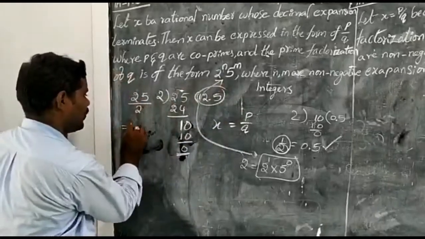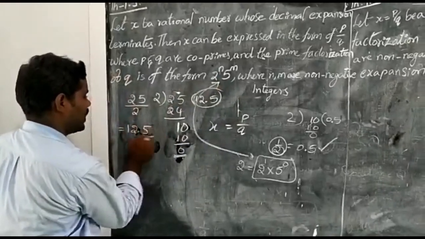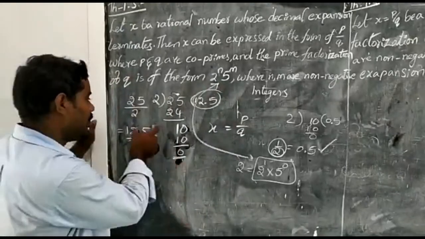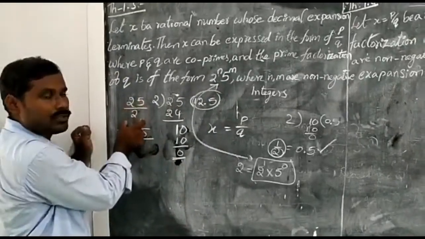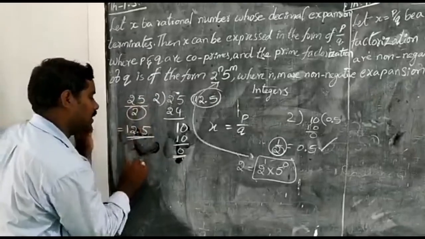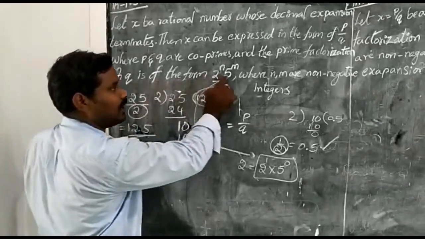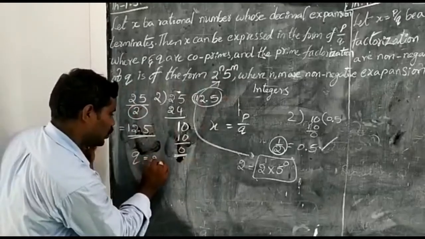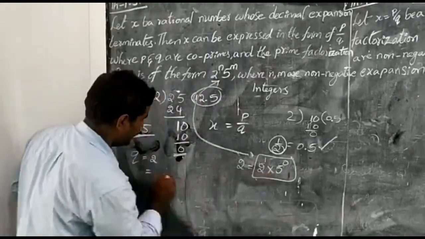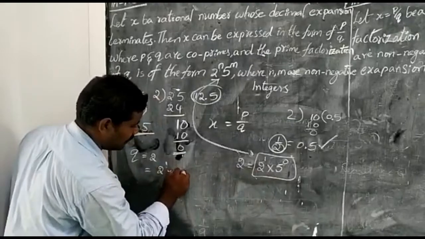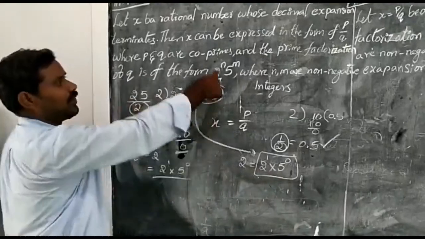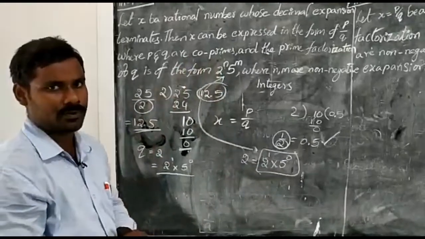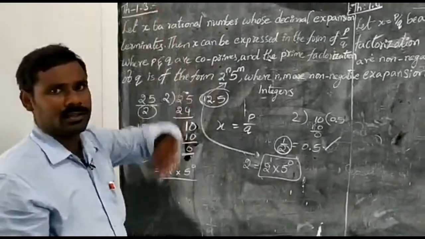This decimal form, 12.5, terminates. If it terminates, write it as p by q, and q must be in the form of 2 power n into 5 power m. What is the q here? 2. How to write? Already we wrote 2 power 1 into 5 power 0. Then it is in the form of 2 power n into 5 power m. This is theorem number 1.3.